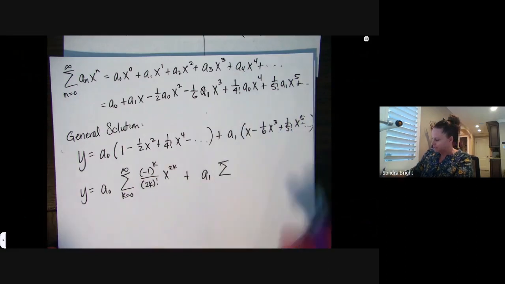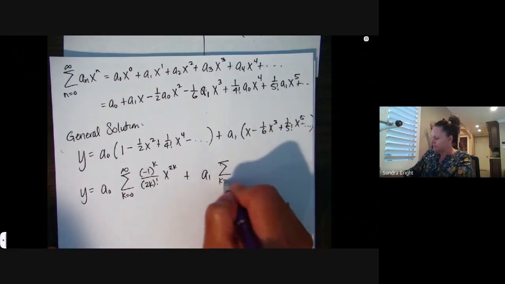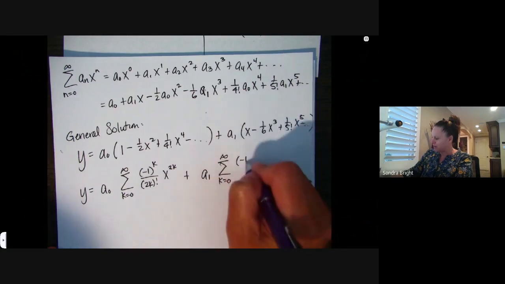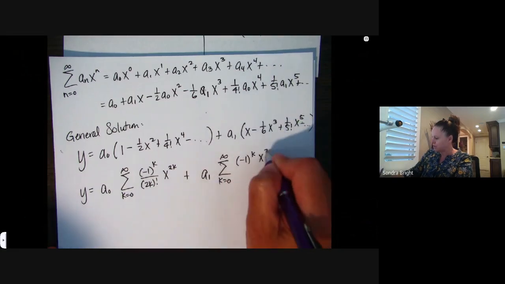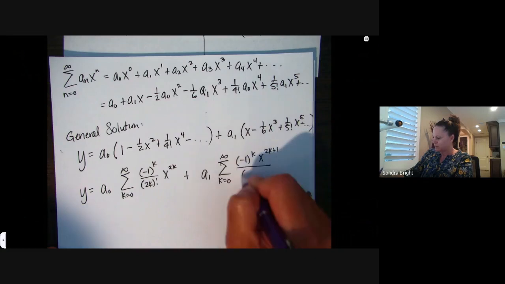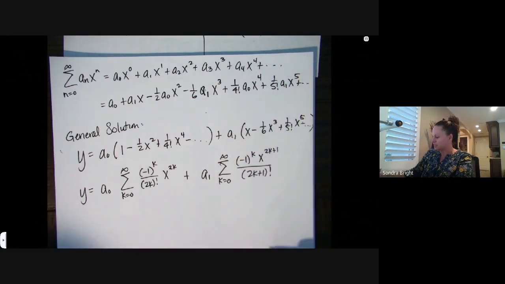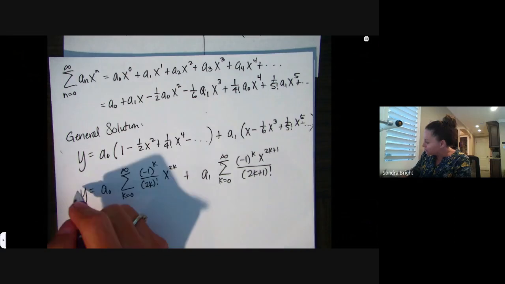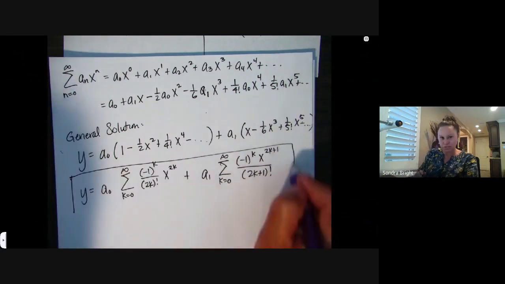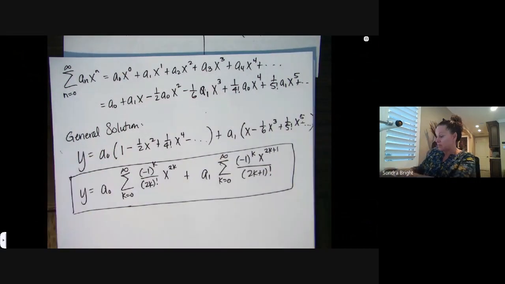So it's k goes from 0 to infinity of (-1) to the kth power x to the 2k plus 1 over (2k plus 1) factorial. I guess I should have put that out front to stick with the pattern, but whatever. That's your general solution. So if you can find the pattern, great.